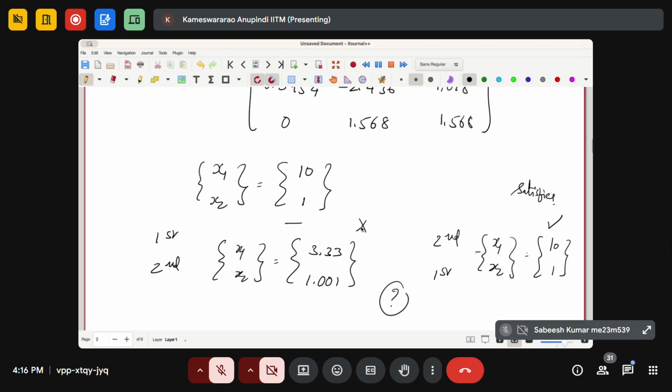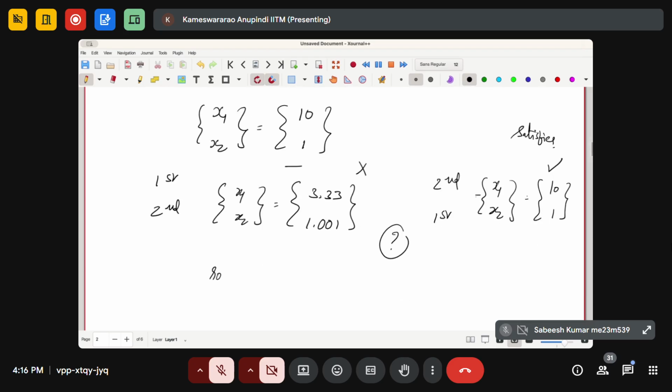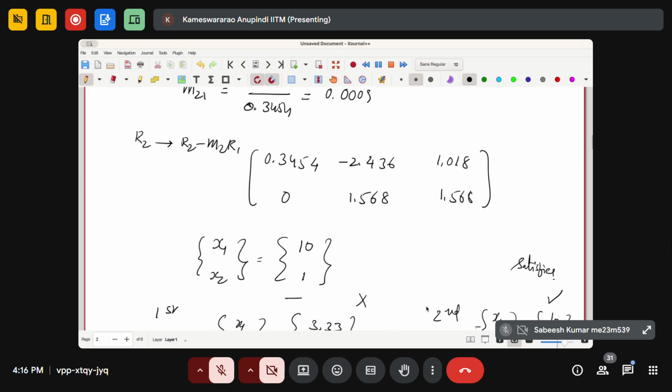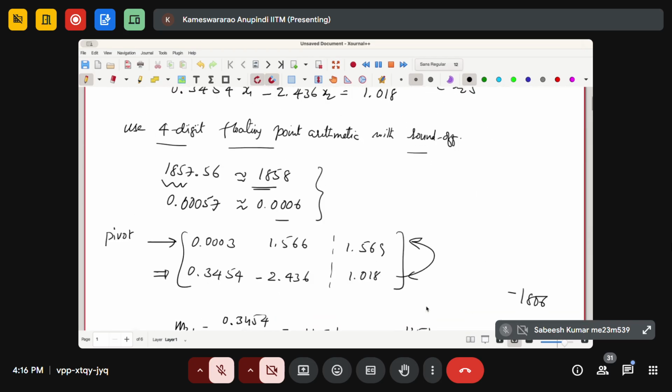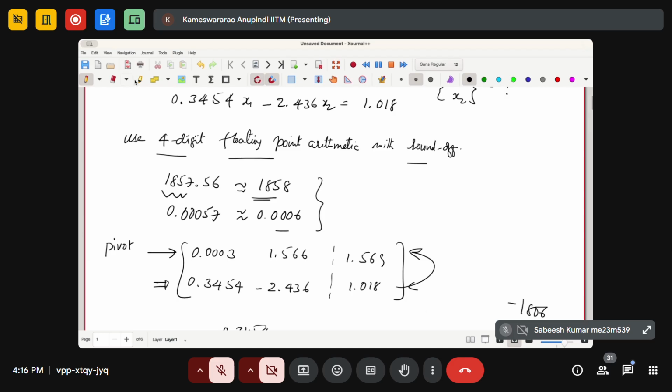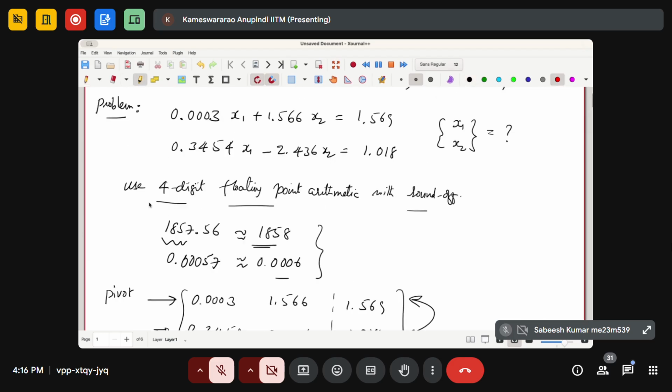Now, this is happening because of the round-off errors, together with the value of the pivot element. That means in the first example, we have taken the pivot element as 0.0003, right?